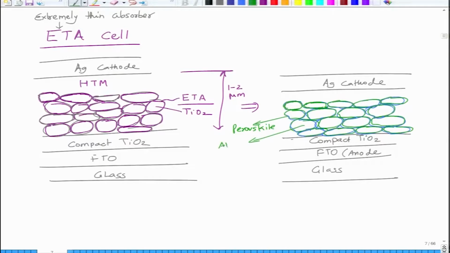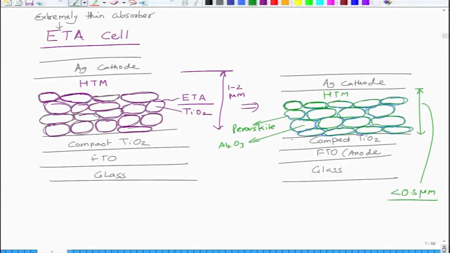This is alumina particles, and the rest of the design is similar. Here we have HTM, and this thickness is about half a micron or even lower. So, you can see that the only difference is it is a little thinner, and instead of using ETA, the absorbing material, we have used perovskite, which is an excellent absorber of light, and it has very good properties.